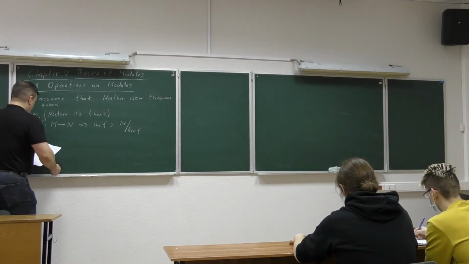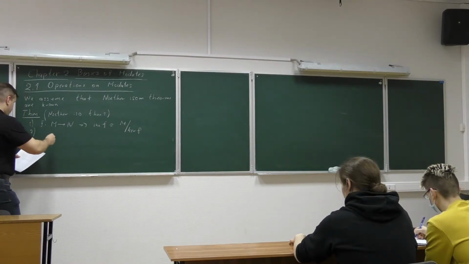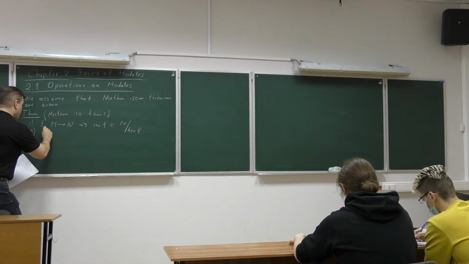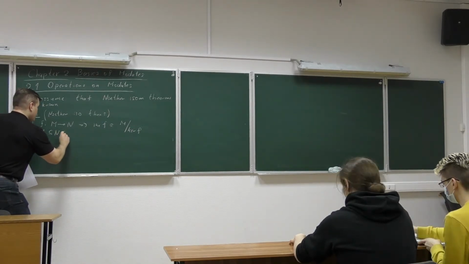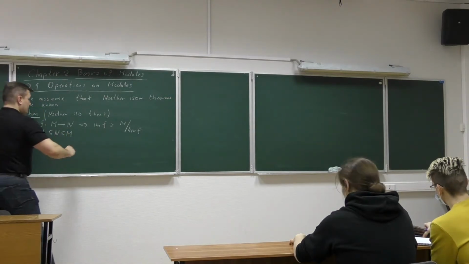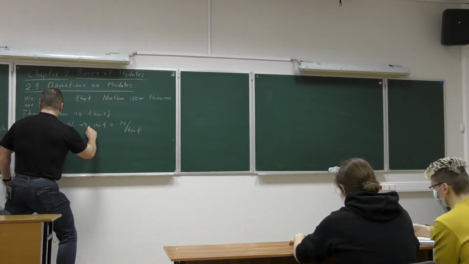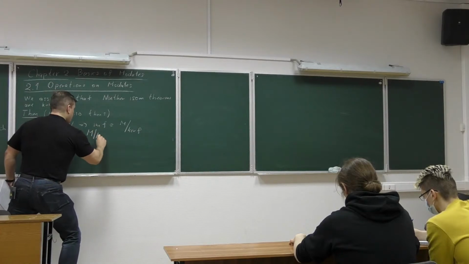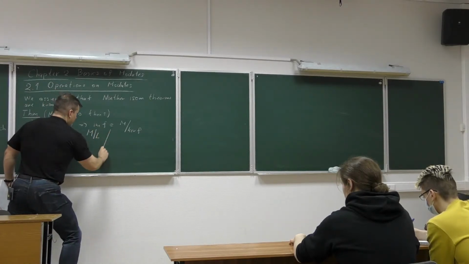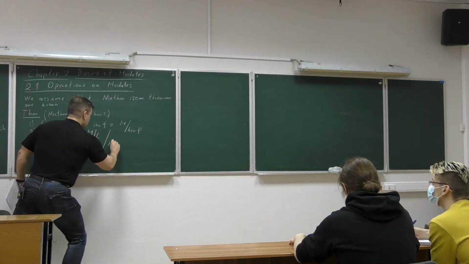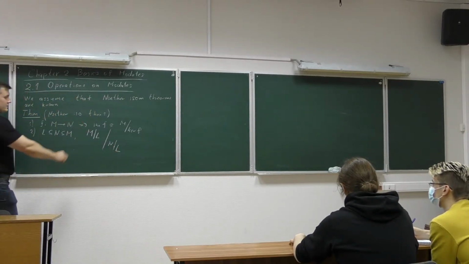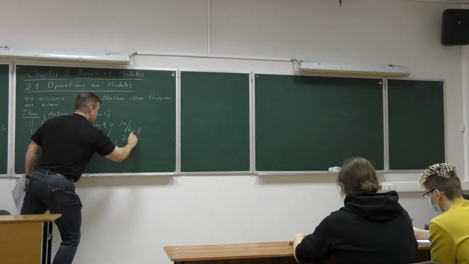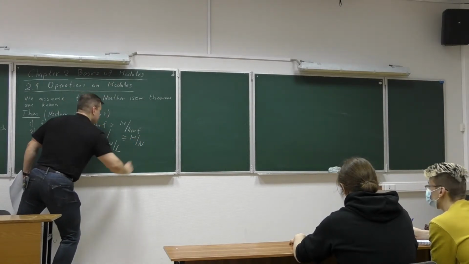Let's choose numbering in such a way that the second isomorphism theorem is about three modules, where L is a submodule in N, N is a submodule in M, and then you can consider the quotient M modulo L, and then you can take the quotient of N modulo L. If you consider this double quotient, this is isomorphic to M modulo N.